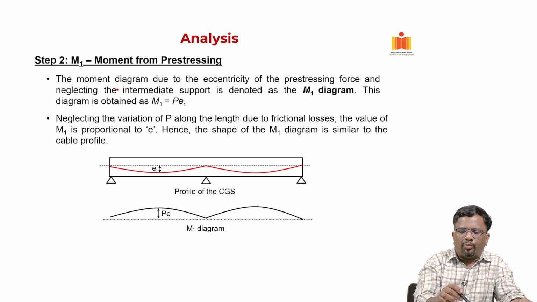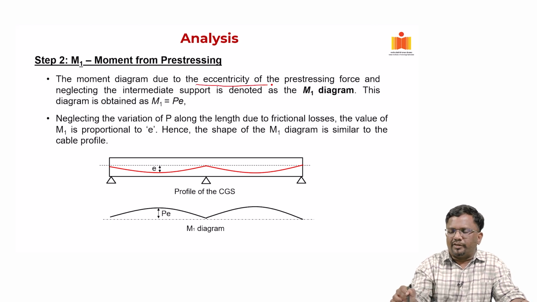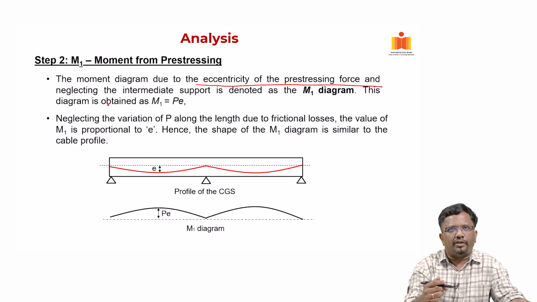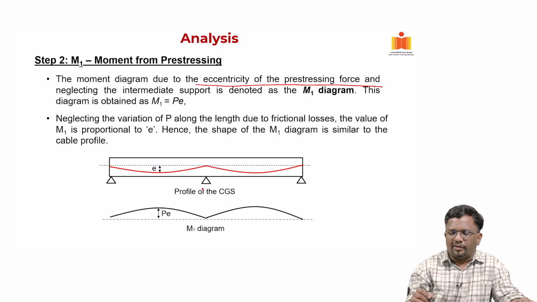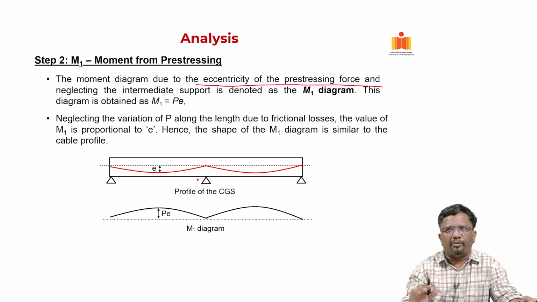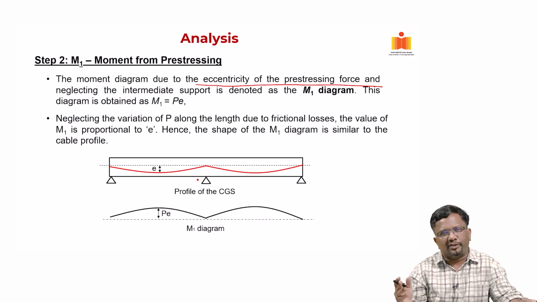This is the moment diagram due to the eccentricity of the pre-stressing force from the CG of the concrete, and we do not consider the effect of the intermediate supports when we calculate the primary bending moment.